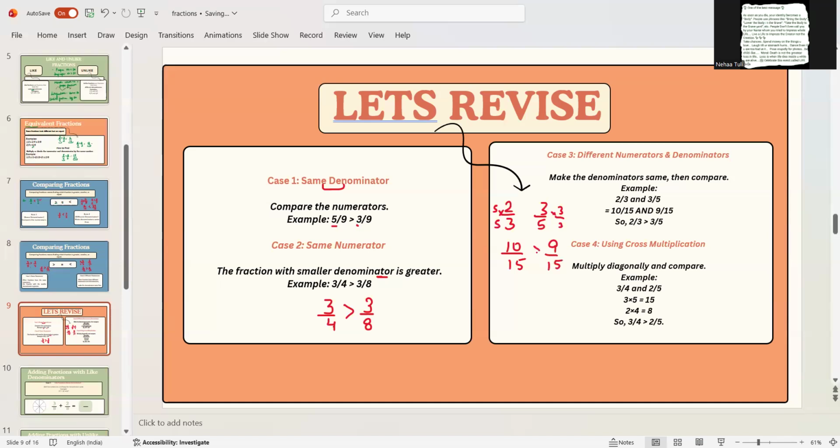Now, which one is bigger? This one is bigger. Now, we can do it diagonally also. 3 upon 4 and 2 by 5. We just cross multiply it. Like 5 3s are 15 and 4 2s are 8. Which one is bigger? This one. So we can say that 3 upon 4 is bigger than 2 upon 5.